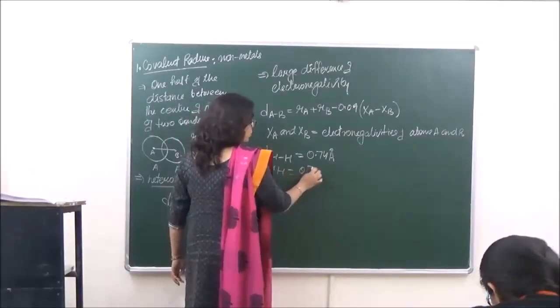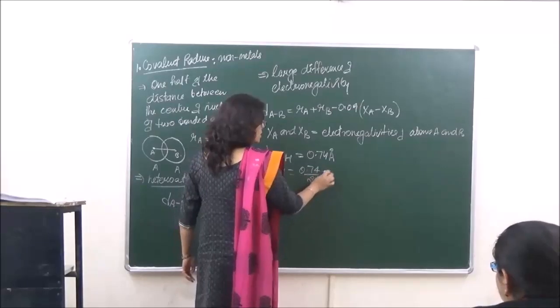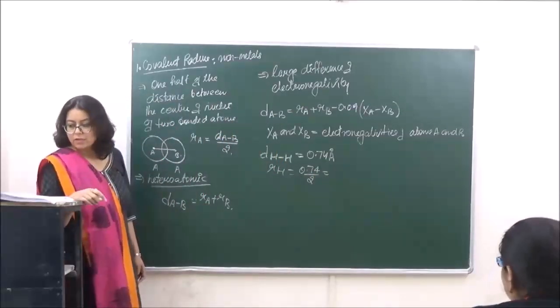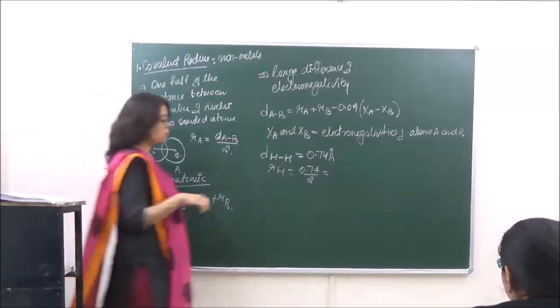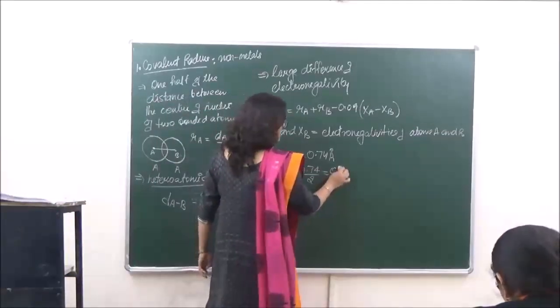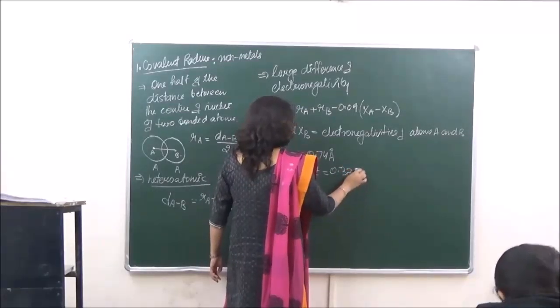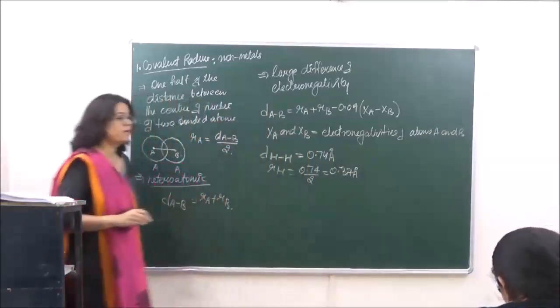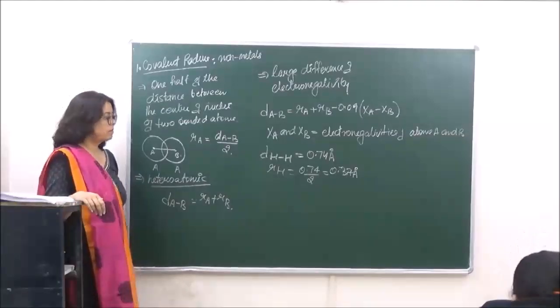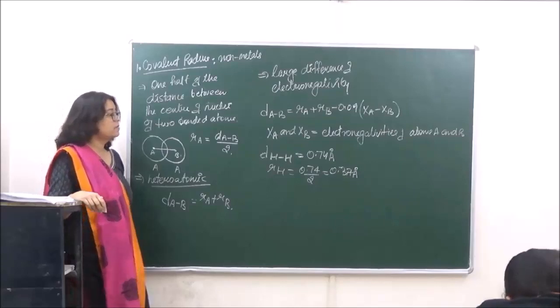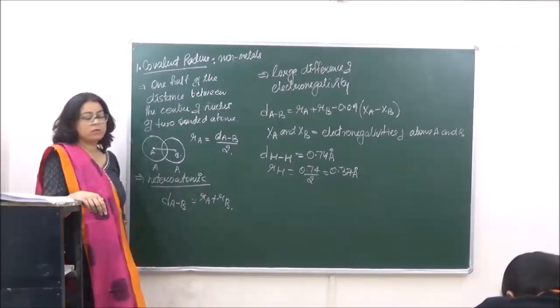That will be equal to 0.74 divided by 2. Okay? So that comes to how much? 0.37 angstrom. Right? So the radius of hydrogen atom is taken to be 0.37.